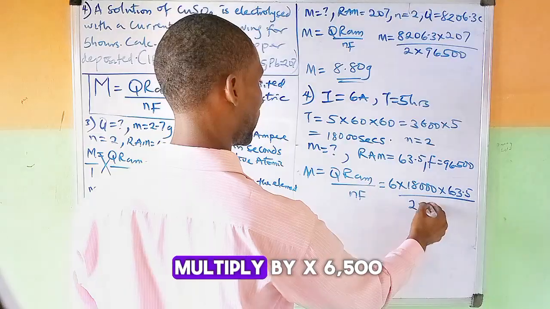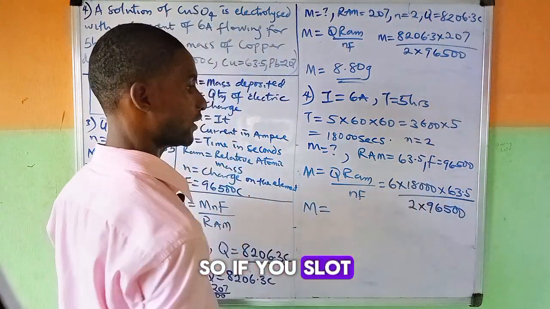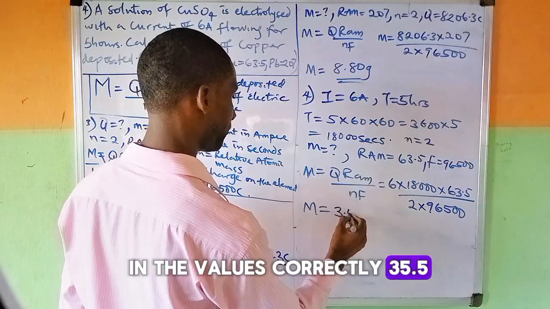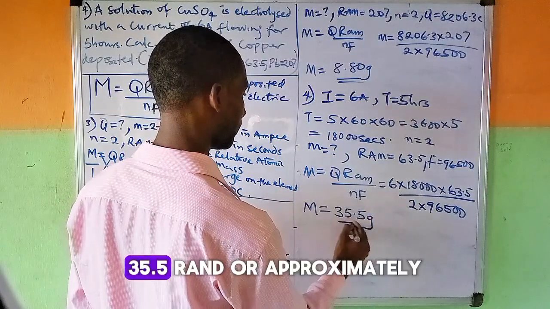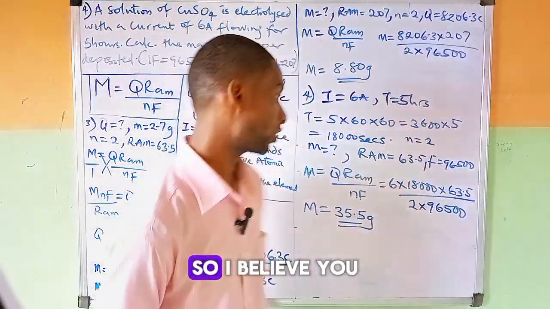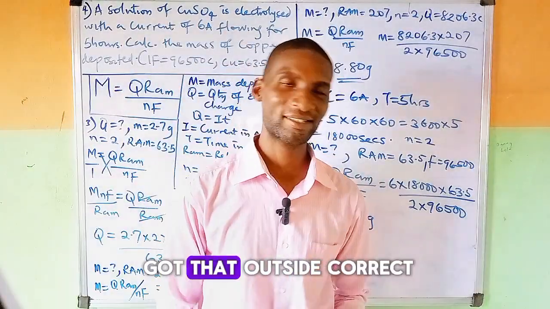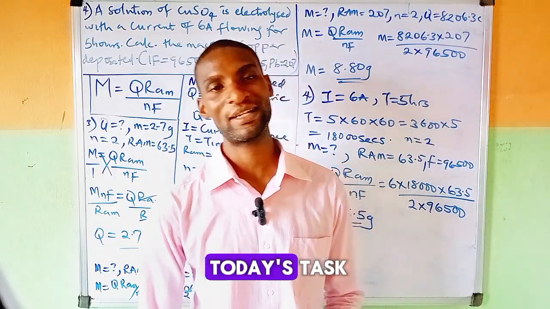So 2 multiplied by 96,500. If you slot in the values correctly, you get 35.5 grams, or approximately 36 grams. So I believe you got that answer correct. So that brings us to the end of today's class.